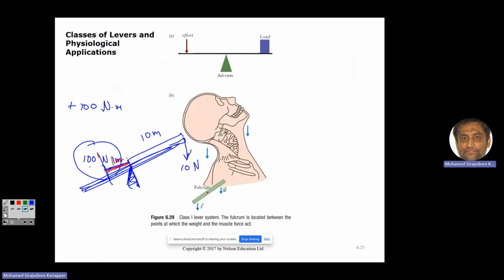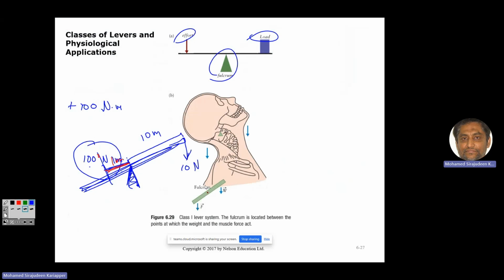So here you see the support is in the middle, and the other two. What are the other two? The load is the weight that you are trying to lift. Okay, that is the load. And where you apply the force, the effort, is the other one. So you have three things in a lever: the fulcrum, load, effort.